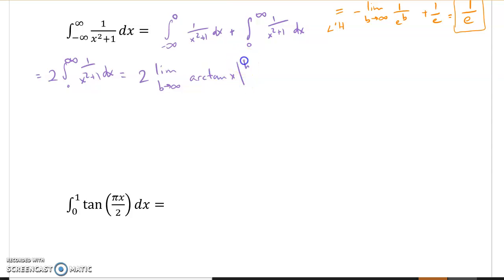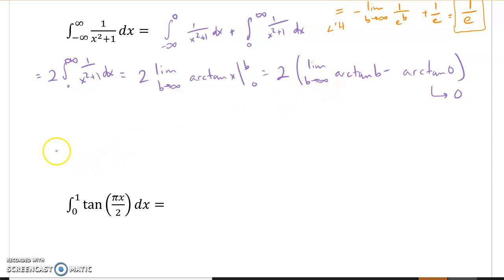We'll evaluate that at b and at 0. So we've got 2 times the limit as b approaches infinity of the arctan of b minus the arctan of 0. Well, the arctan of 0 is just 0 because the tangent of 0 is 0, so that's irrelevant. So now we just have to figure out what does arctan approach as its argument approaches infinity.